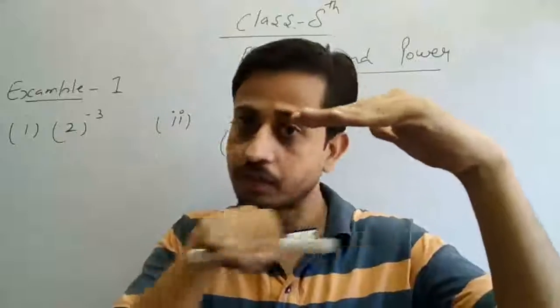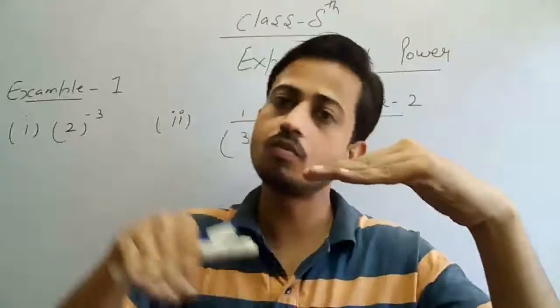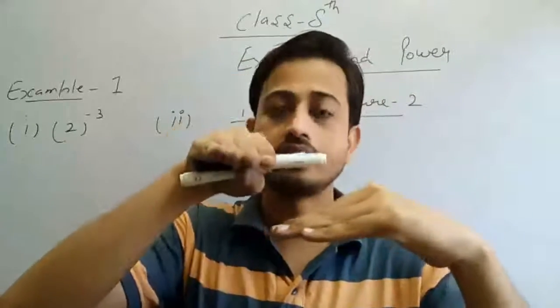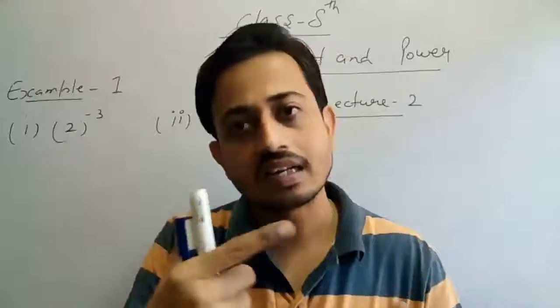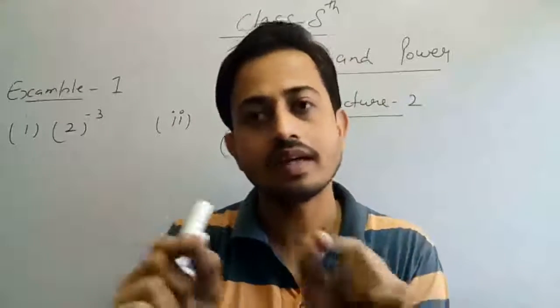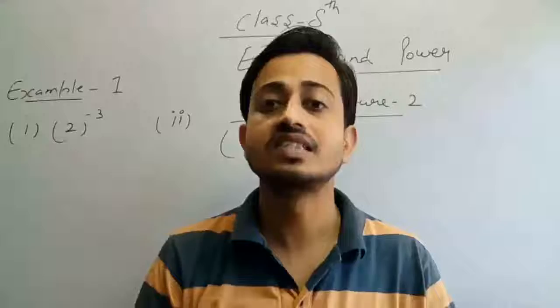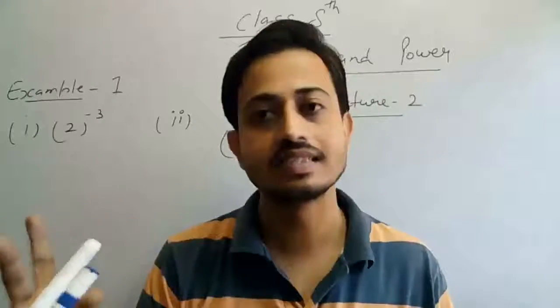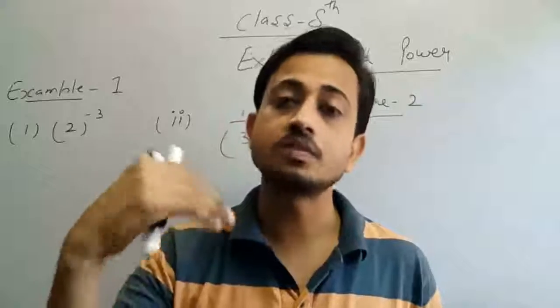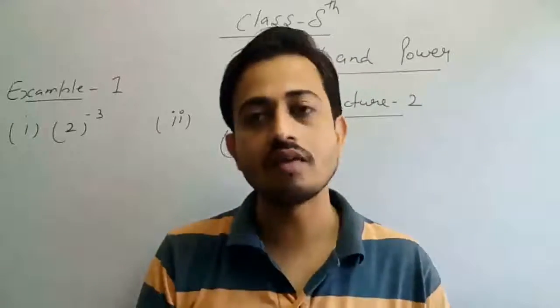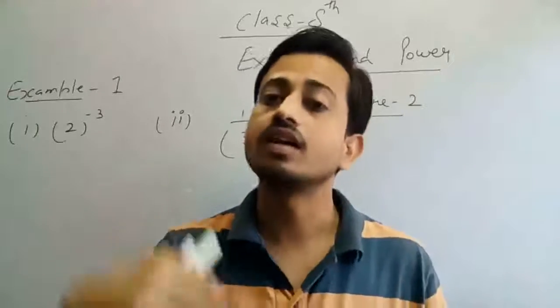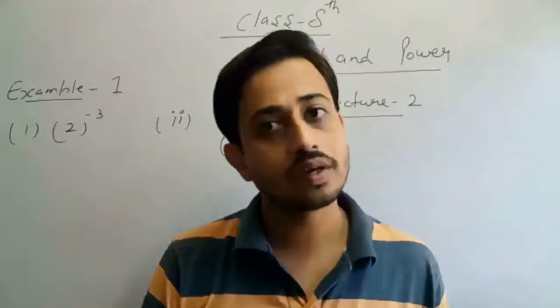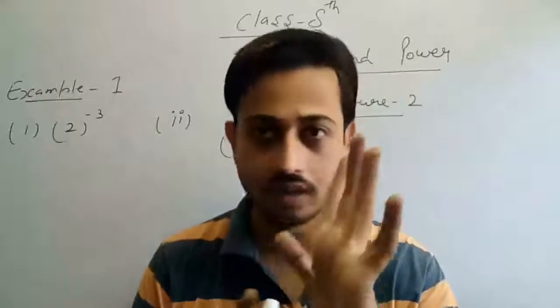And if the term is present in the denominator, you have to move it into the numerator. Whenever you move the terms, the exponent remains the same, but the sign of the power changes. It's very simple. If no term is specified in the denominator, you have to take it as 1. And if no term is specified in the numerator, you have to take 1.